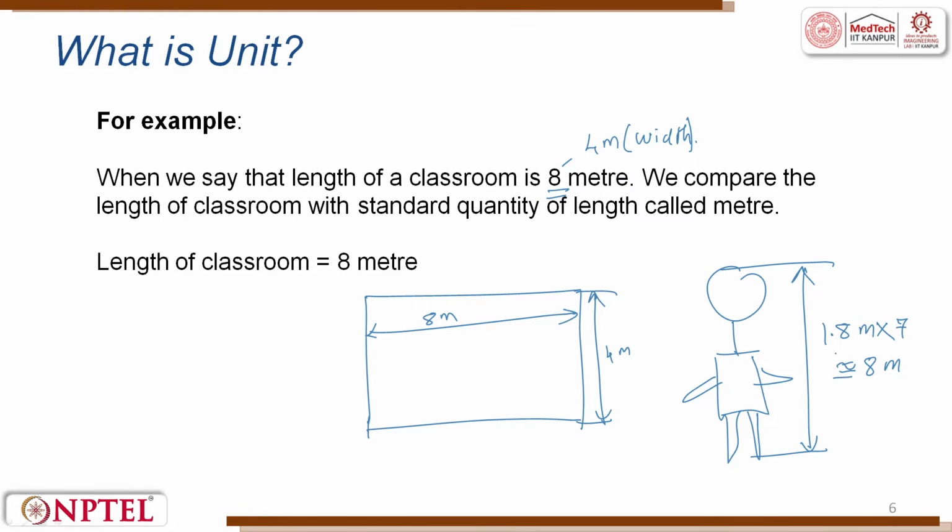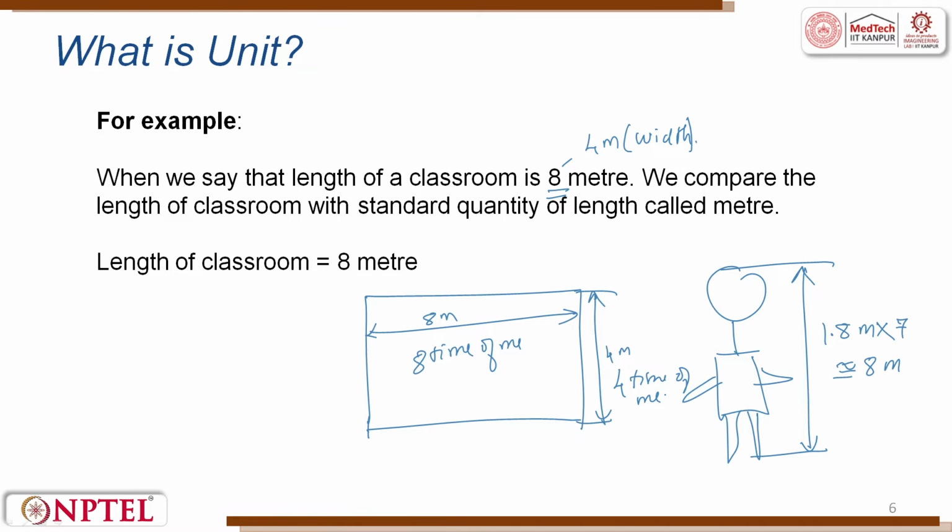So, what I do is I try to understand 8 times of me and 4 times of me. Now I have an understanding of the length of the classroom. And why did we use 8 meters? Because 8 meters is a standard. You are converting your height into a standard so that you can have a feel.